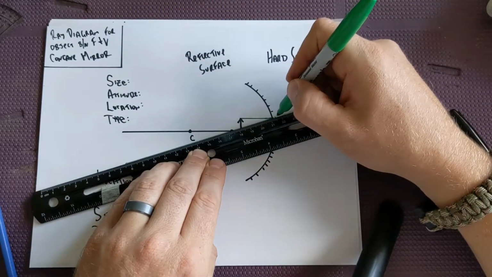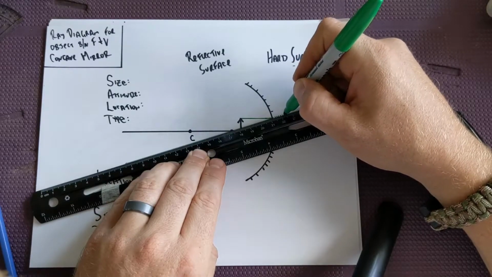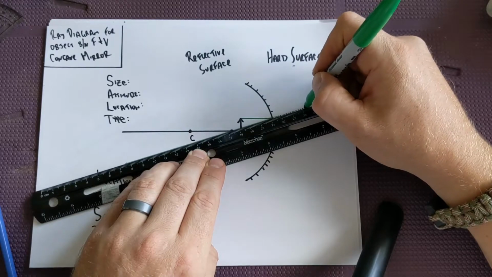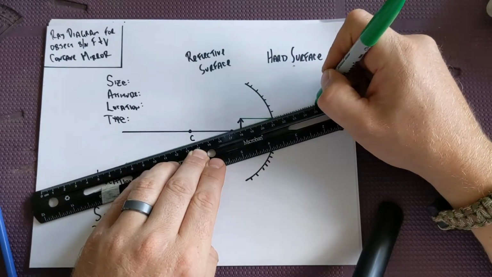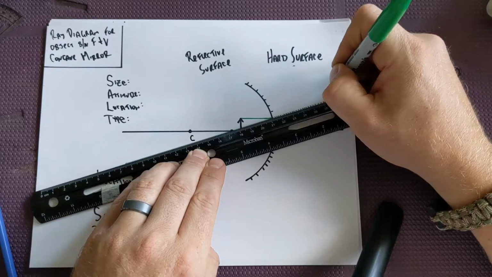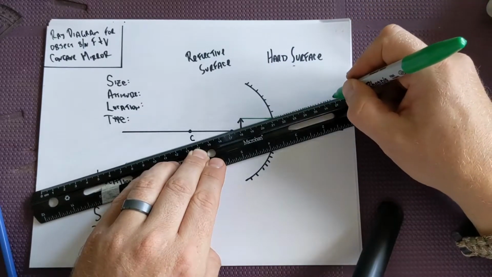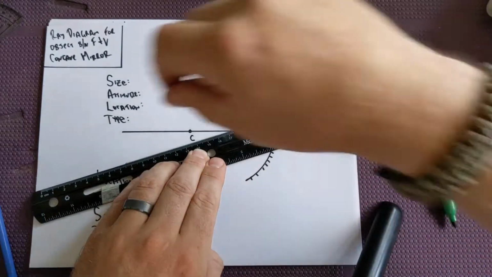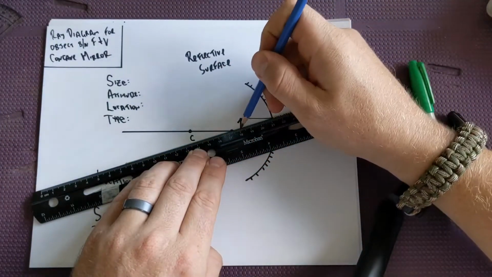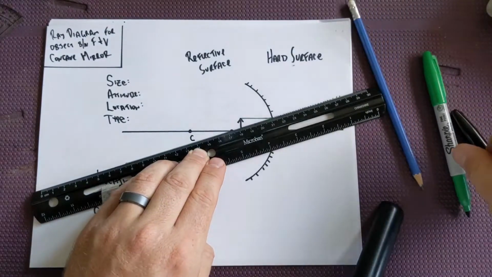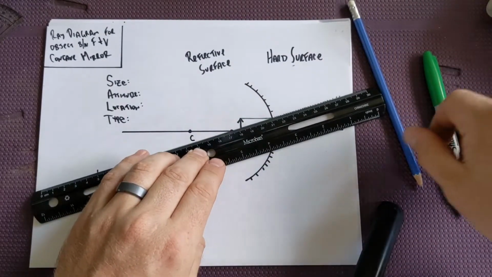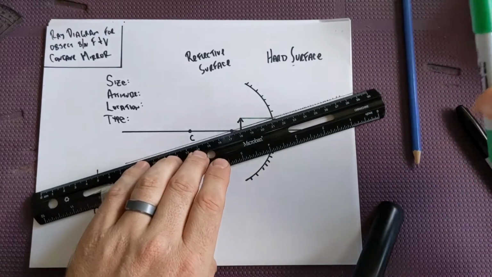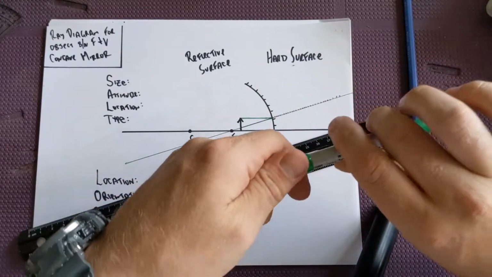But we're going to continue the ray with a dotted line, as a representation of the ray as if there may be light traveling behind or through the mirror. I'm going to use my pencil to reinforce that line for later, for accuracy's sake. Okay? So that's our first ray.